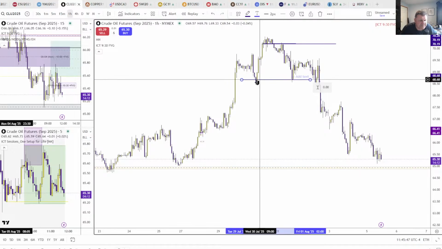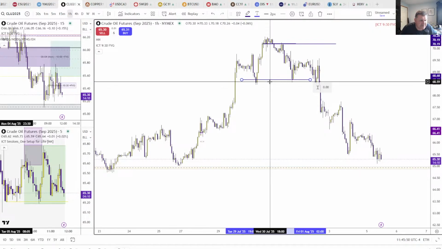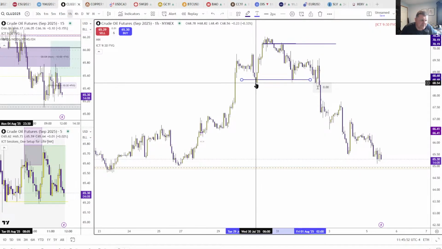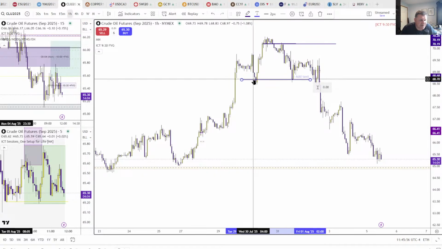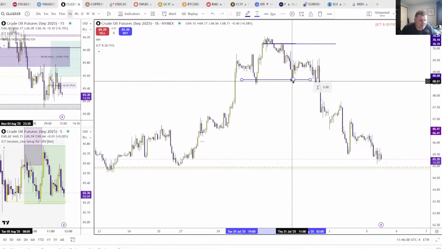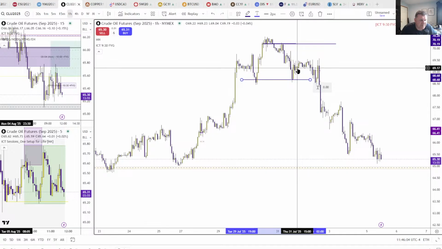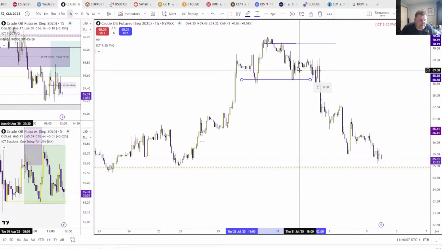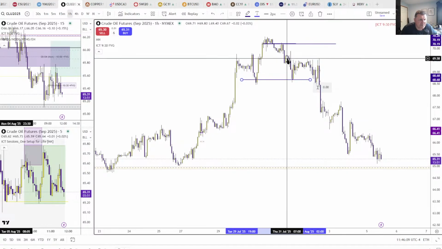Look at the bodies respecting it. Wicks do a bit of damage right into, yes, you've heard me say it before, pay yourself at rejection blocks. Rejection block hits it, then starts to pull back inside this range and that larger range there. Fair value gap, trades above it, comes back inside it, bodies respect it, goes higher.